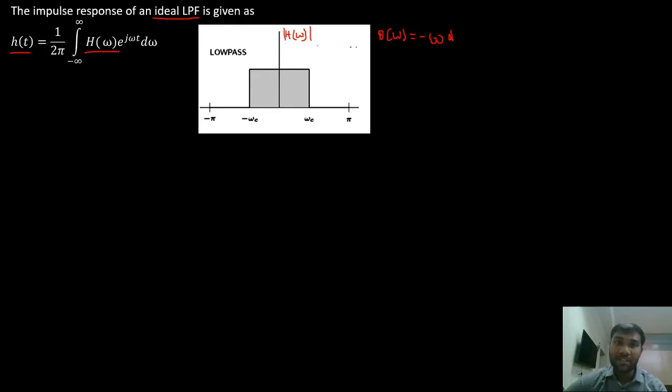My magnitude characteristics and my phase characteristics. So what is H of omega? H of omega is a complex value that can be written as mod H of omega into e power j theta of omega.